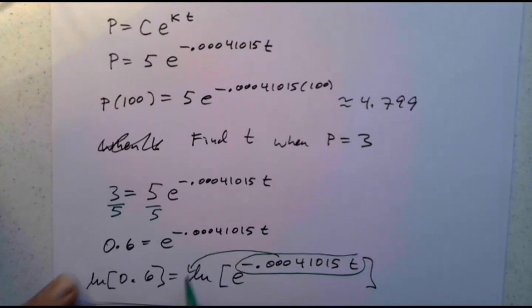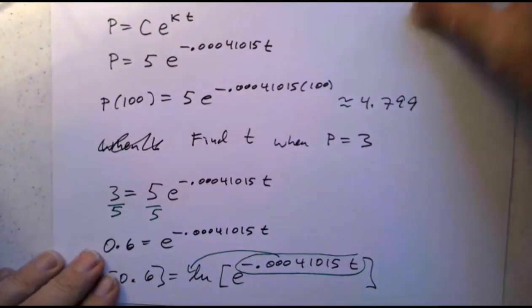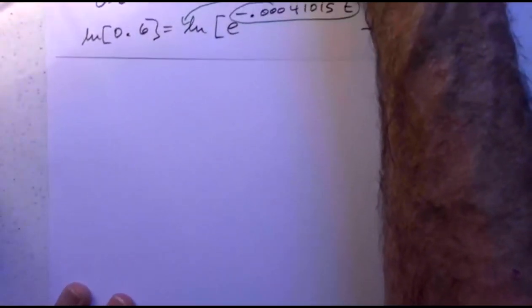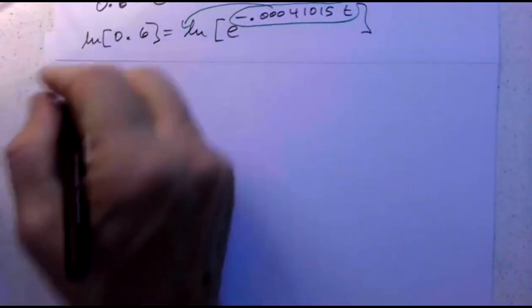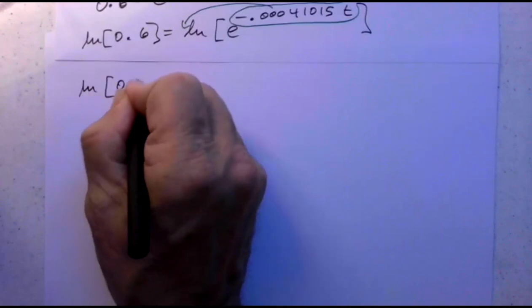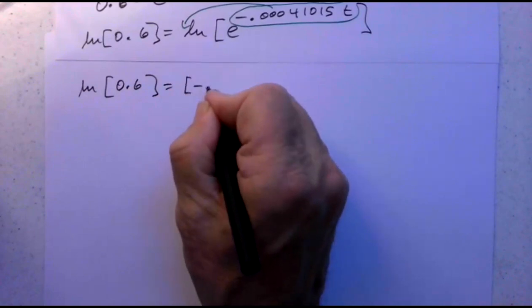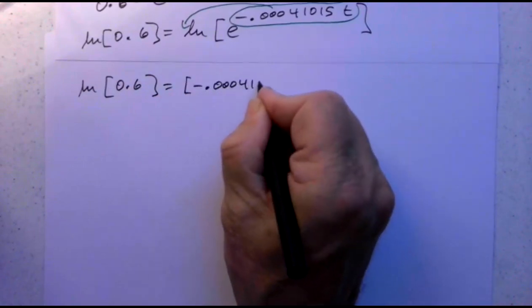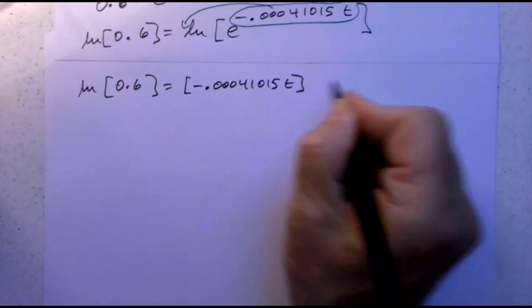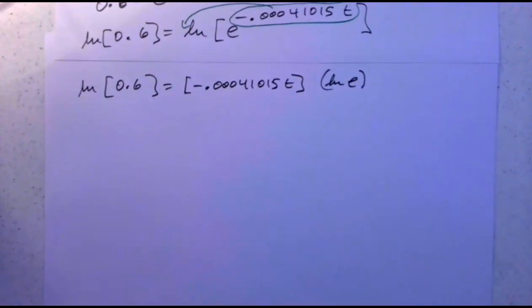So natural log 0.6 equals negative 0.00041015 t times natural log e, but natural log e is just 1, so that's not going to add anything.